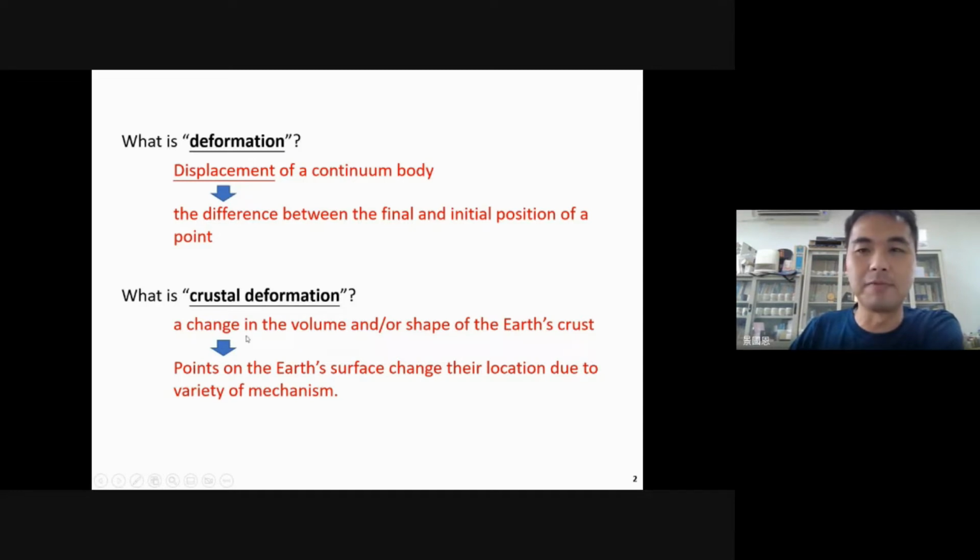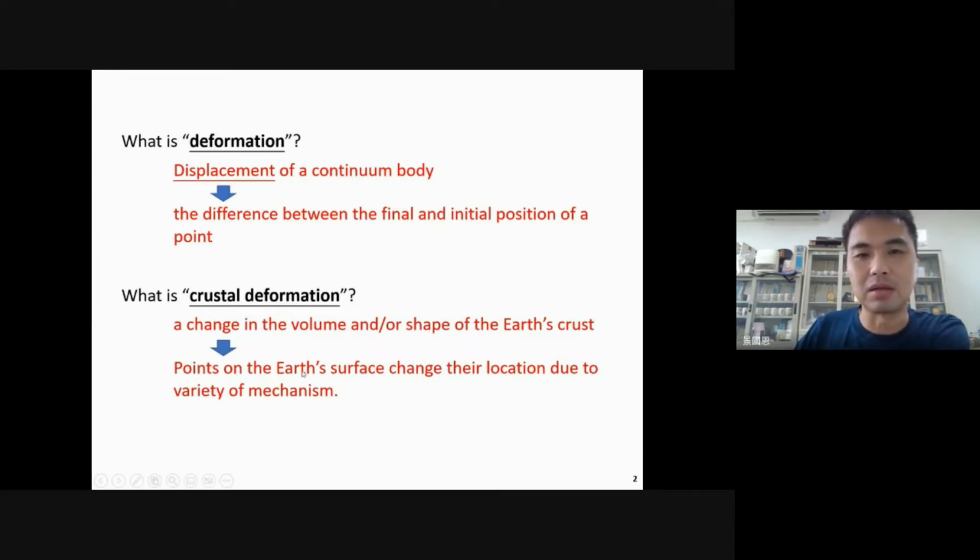Then what is crustal deformation? The definition shows a change in the volume and shape of the Earth's crust. If we combine these two definitions, we note this point should be on the Earth's surface.